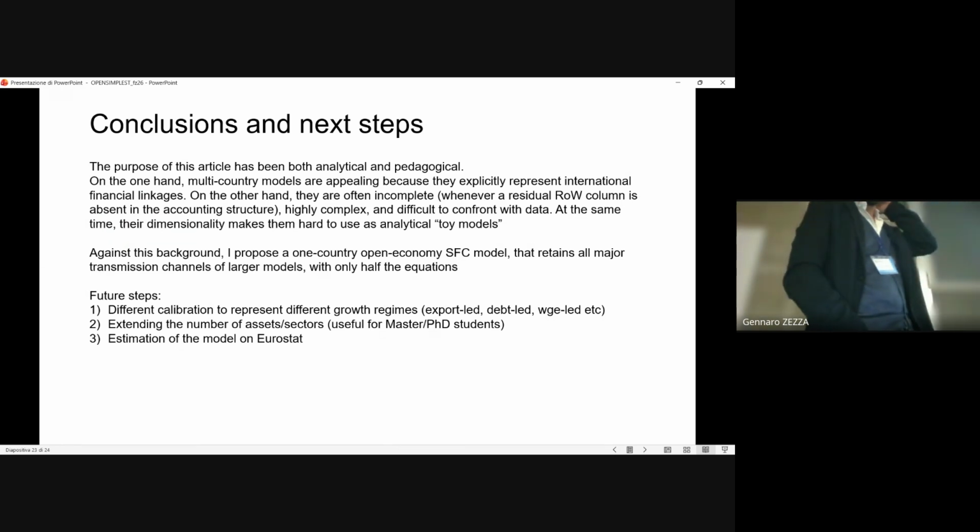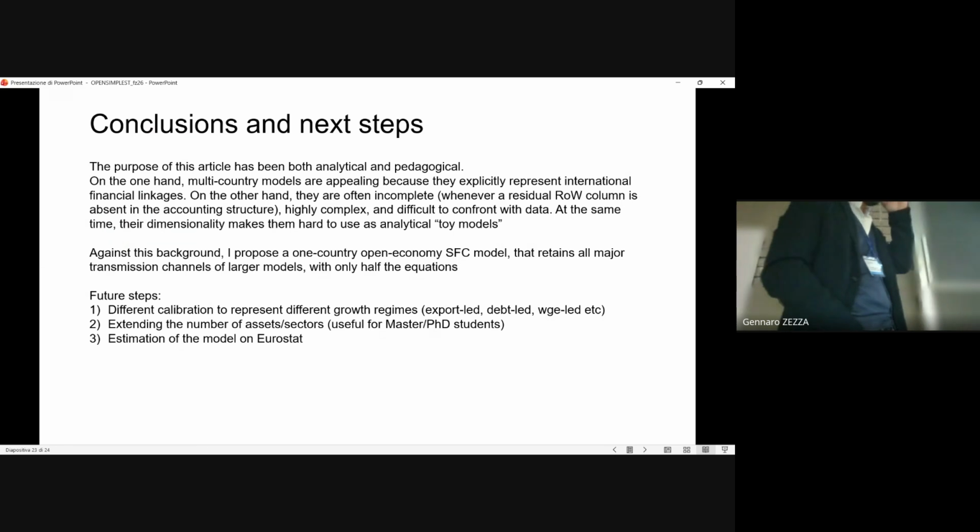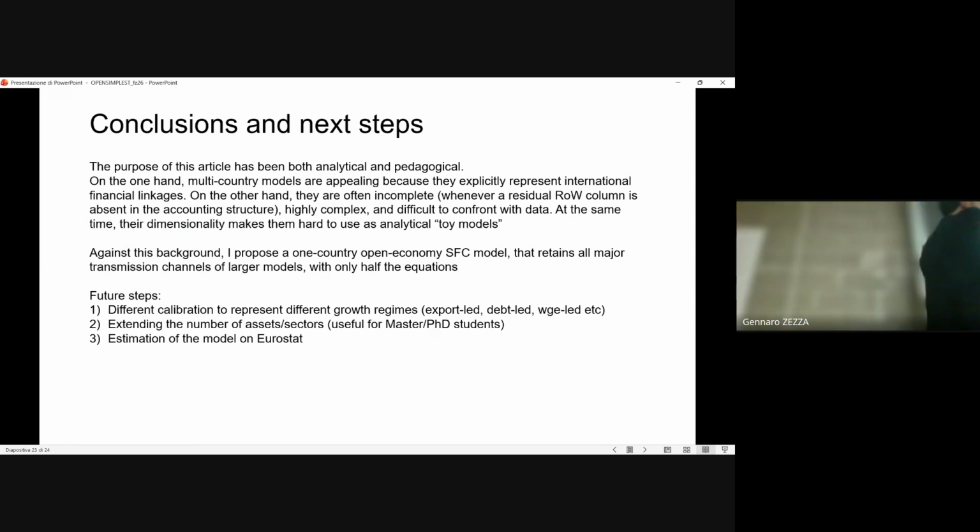So, as I showed, we can mimic most of the important results from more complex structures with a minimal set of equations. And the idea for future work is to have 3 other papers. The first one will be how we can calibrate this simple model to represent different countries.